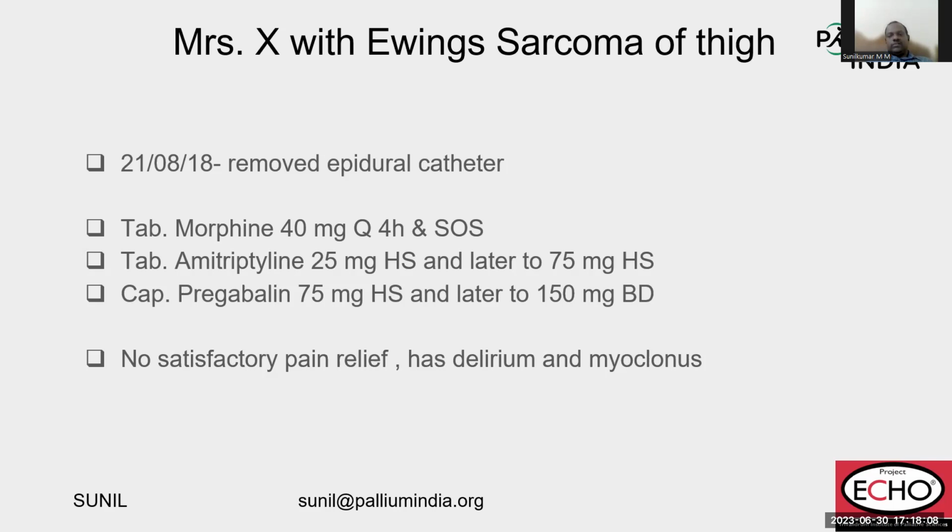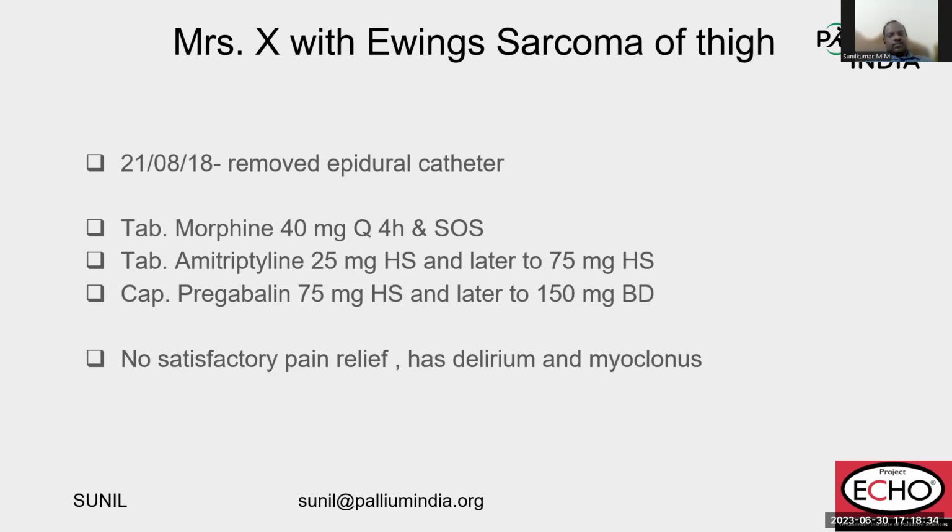So what would you do now? Now we can go in for methadone, probably. Since the patient is not responding, the patient is maybe developing tolerance to morphine. So now methadone can be appropriate.